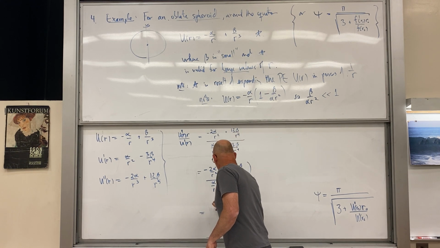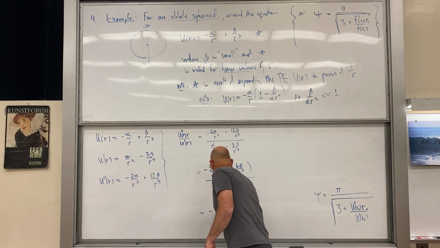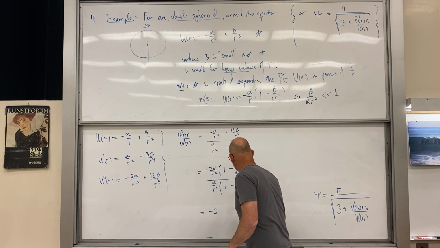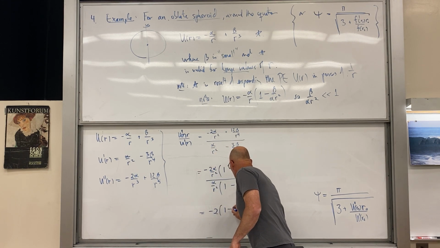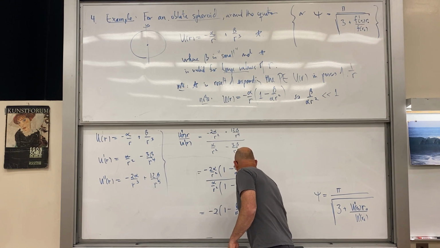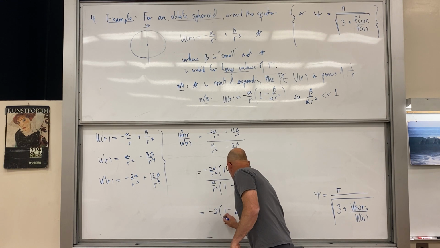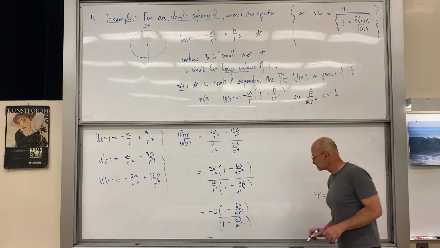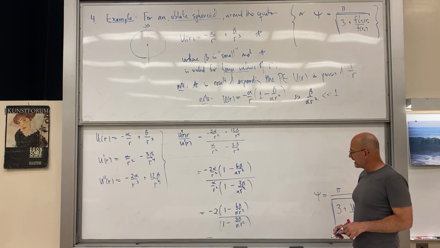So good, we end up with a minus 2 times 1 minus 6 beta over alpha r squared, over 1 minus 3 beta over alpha r squared. So that's already a simplification.